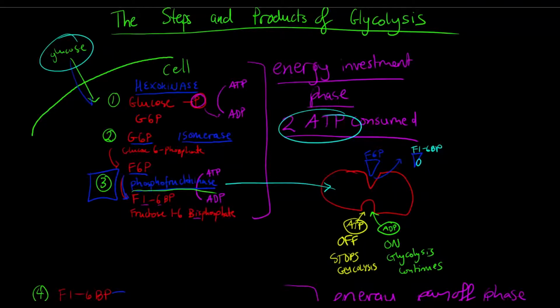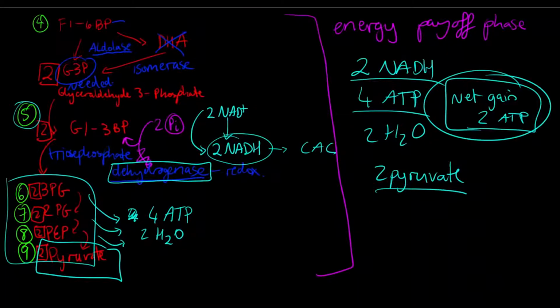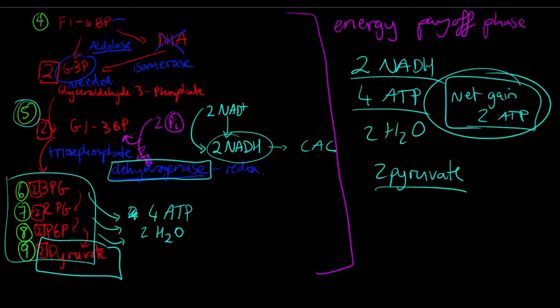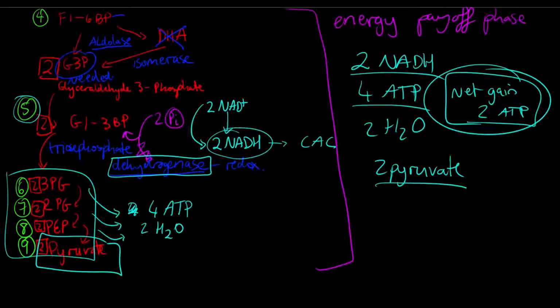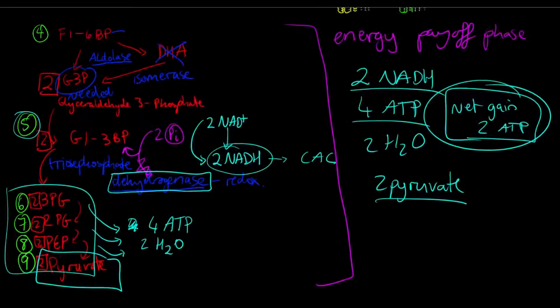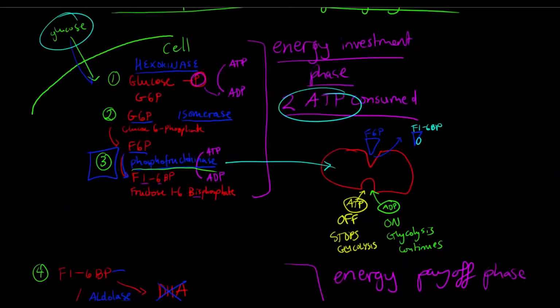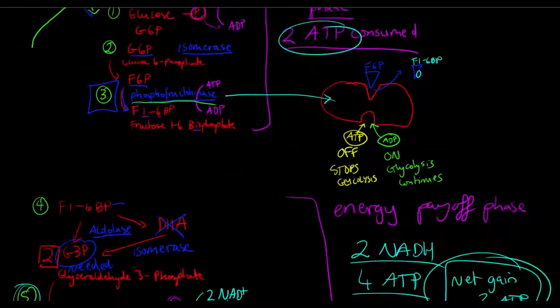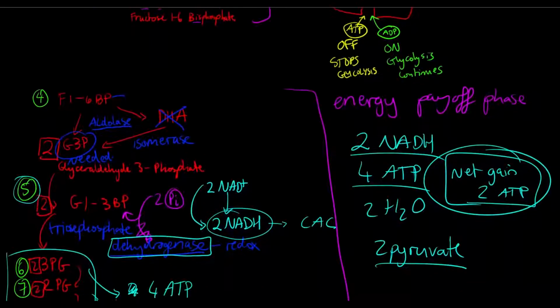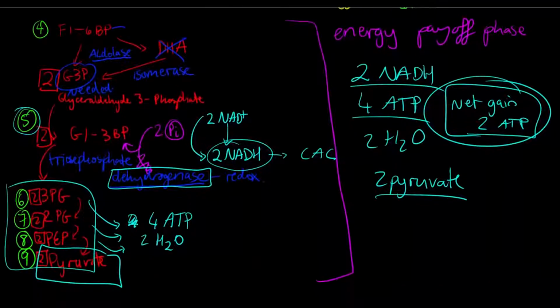Some enzymes change its structure to increase its energy. ATP is consumed, and then these molecules are given off as profit, you could say. Just remember hexokinase, phosphofructokinase, aldolase, and dehydrogenase. Those enzymes are the most important ones to remember.